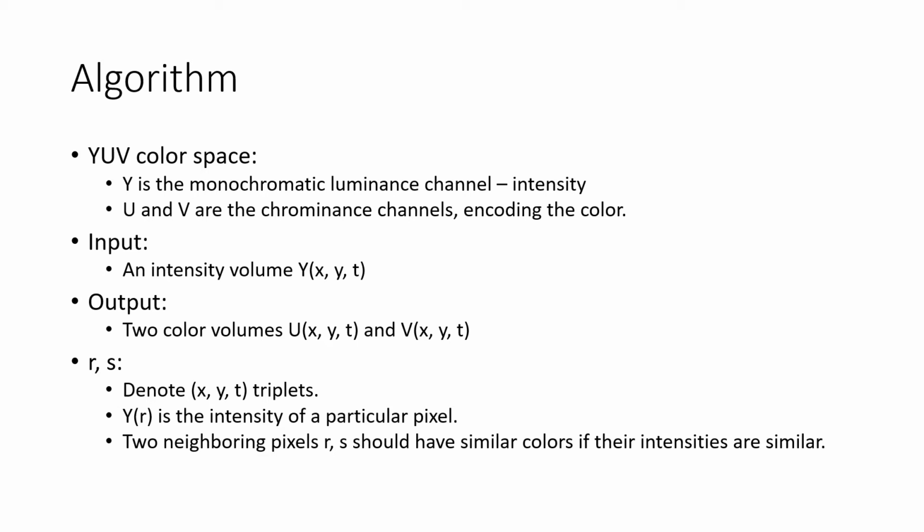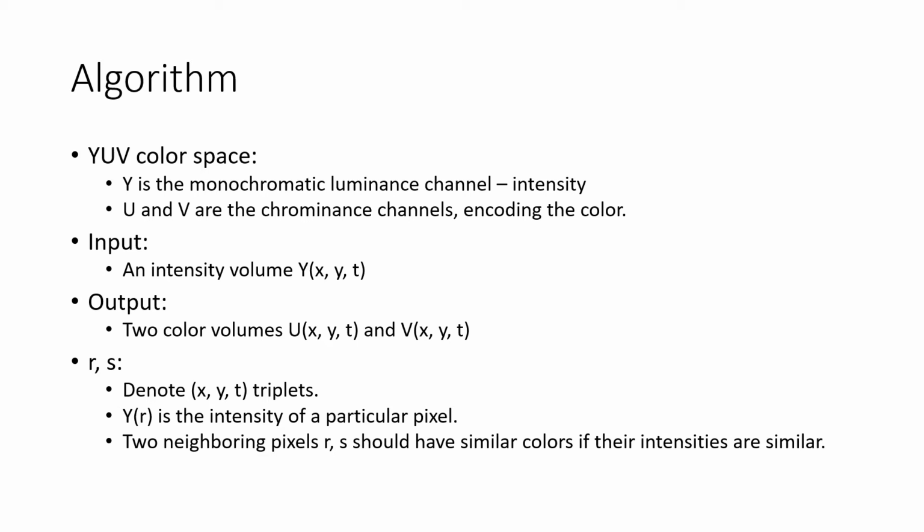So basically these three channels encode image information into two different parts. First one is the luminance channel, or the monochrome channel, which we define as intensity, and the second is the color space, which is encoded by the U and V channels.